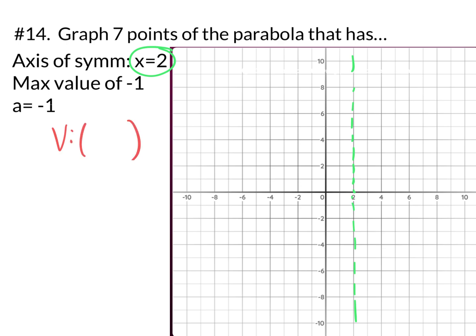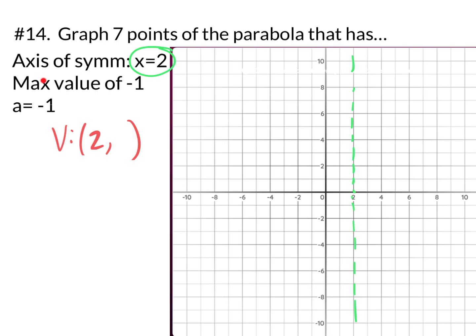That the x value is 2, right? The x value has to be 2. You can't have your vertex at -4, 2 if your axis of symmetry is over here. Your x value of your vertex has to be at the x value of 2. So you know 2 so far.